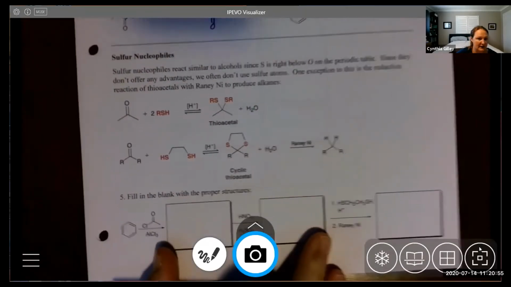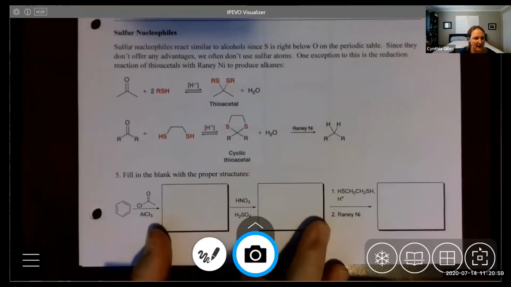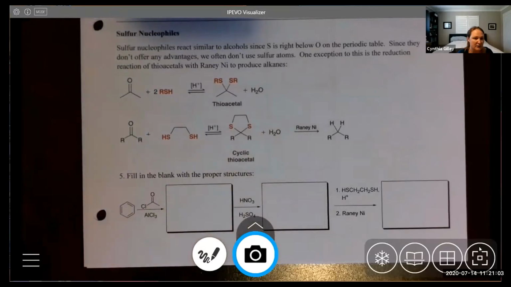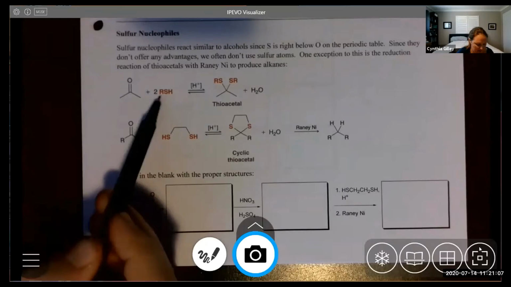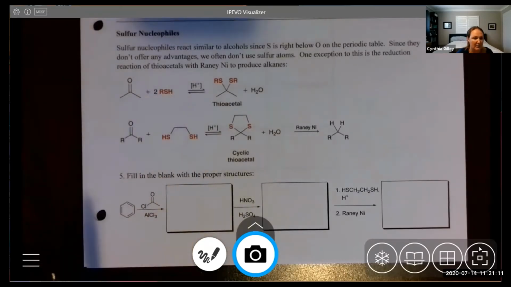Okay, so talking a little bit about sulfur-based nucleophiles and their reaction with aldehydes or ketones. Just like making an acetal with an alcohol, we can make what's called a thioacetal with a thiol. Remember that sulfur is under oxygen on the periodic table, so it reacts very similarly to oxygen. Not exactly the same, but there are some similarities.